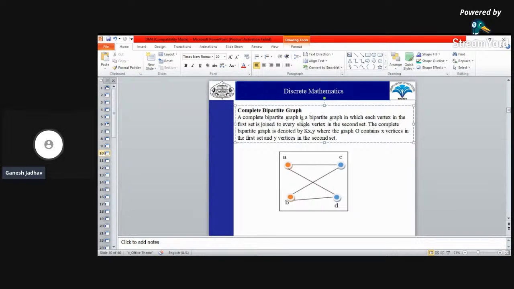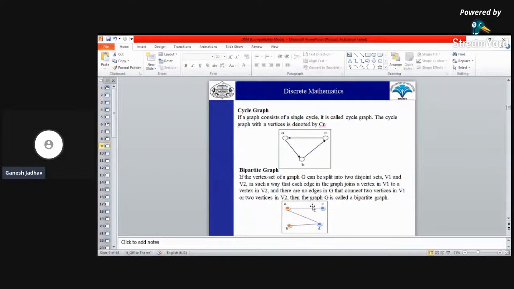The complete bipartite graph is a bipartite graph. In the graph above, this is a two-vertex set, and this is also a two-vertex set, but they do not connect within themselves; they connect with the other set. A is connected with C and D, but not with B. D is also connected with A and B, but not with C. So this is a bipartite graph.